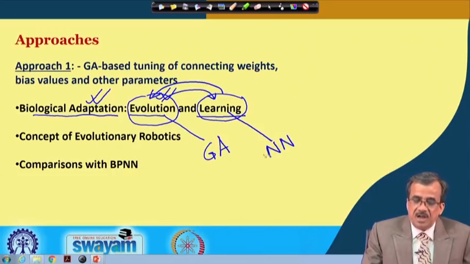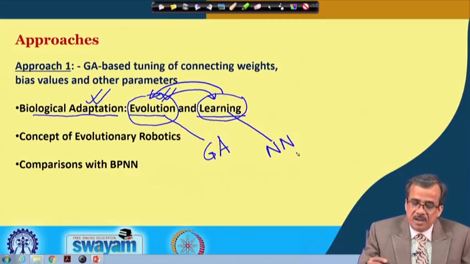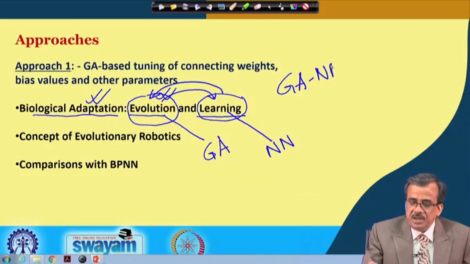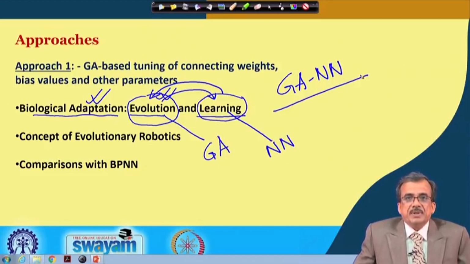We try to optimize the neural network, or improve its performance, and we design and develop what is known as the combined GA neural network technique, and that is nothing but the genetic neural system.